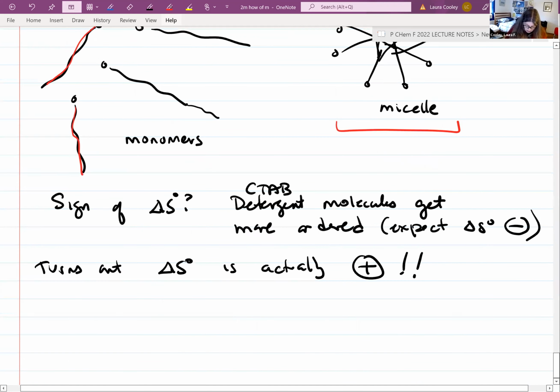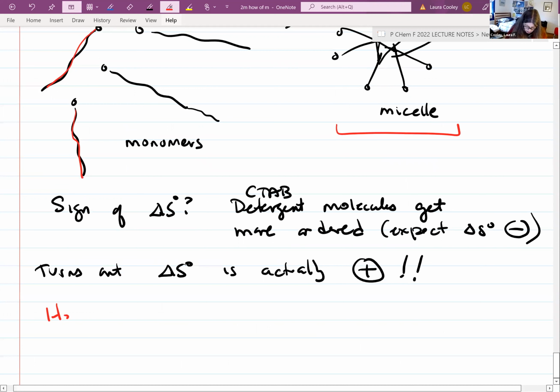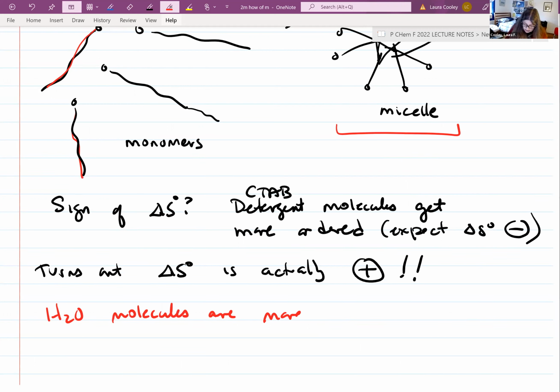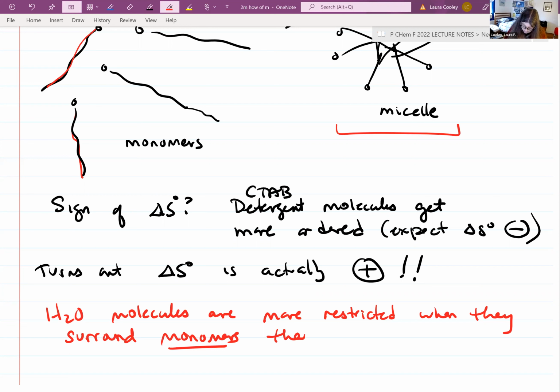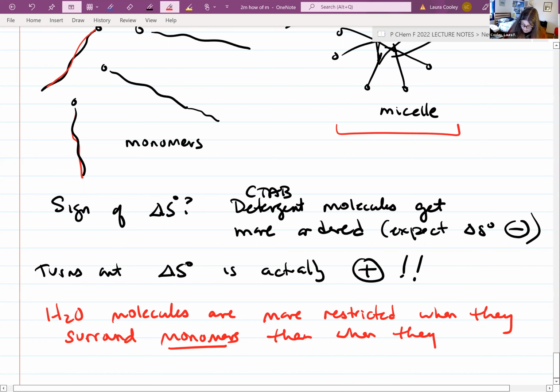H2O molecules are more restricted when they're surrounding monomers than when they surround more compact micelles.